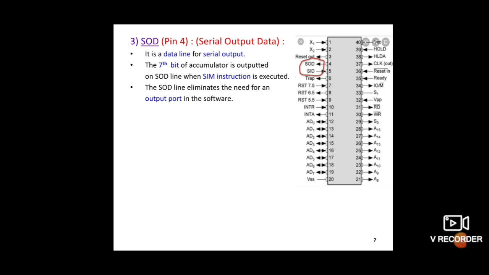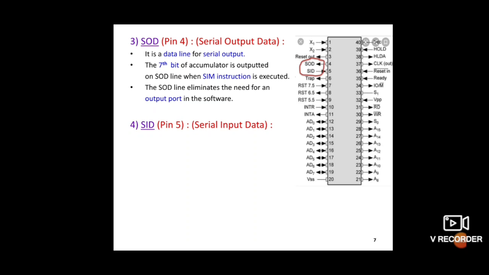SOD means serial output data. In the accumulator register, the 7th bit position is output when the SIM instruction is executed, meaning the 7th bit is connected to this SOD pin. So this line eliminates the need for an output port in the software.